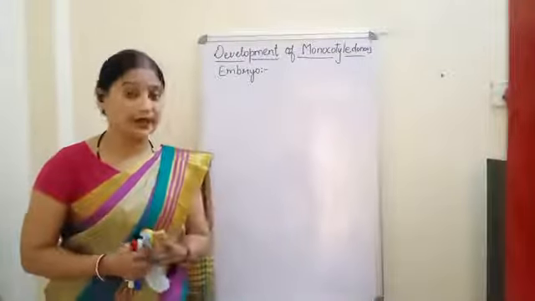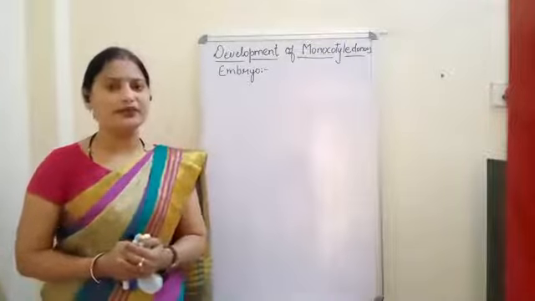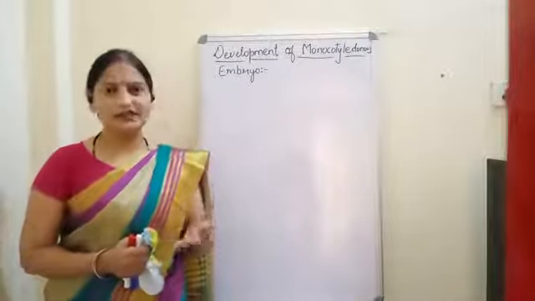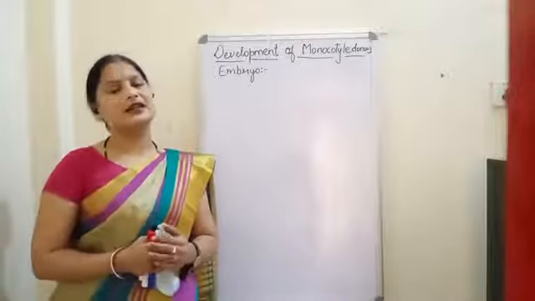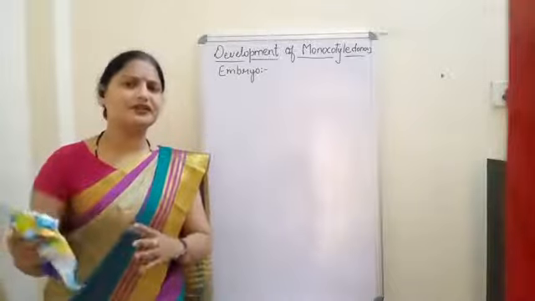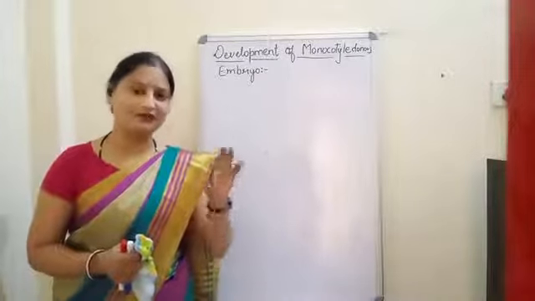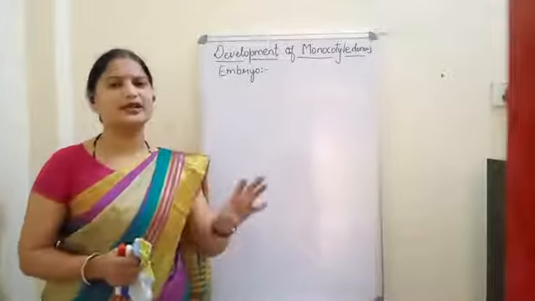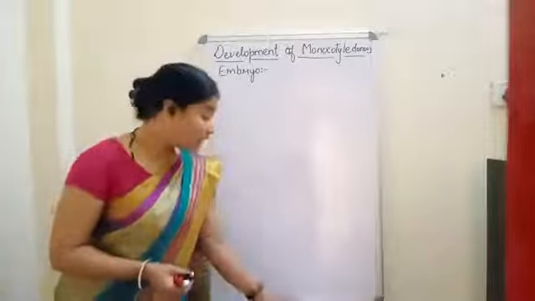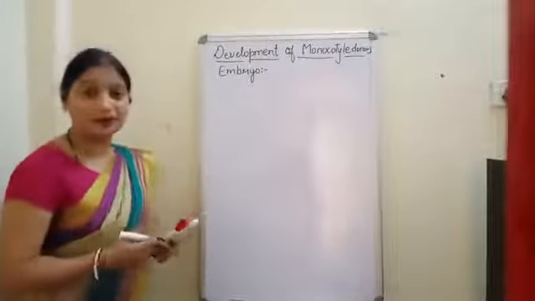Zygote is 2n in number and it will divide into basal cell and terminal cell where further divisions will occur and they will give rise to the suspensor cell, haustoria, terminal cell and further divisions which give rise to the complete embryo of the dicot that will be present inside the seed to get the nourishment and for the further development. Now, today's topic is development of monocotyledonous embryo.